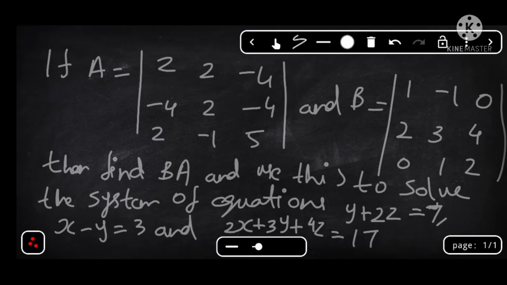If A is a determinant and B is another determinant, find BA and use this to solve the system of equations y plus 2z equal to 7, x minus y equal to 3, and 2x plus 3y plus 4z equal to 17. Okay, so let's begin.